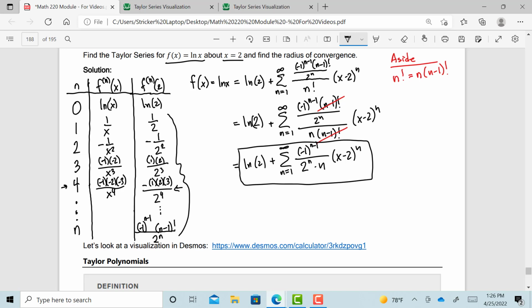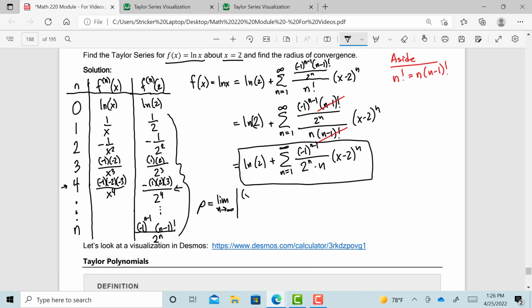Okay, so when we do need to find the radius of convergence again. So our rho is equal to the limit. And because it has absolute value, we can go ahead and ignore the negative 1 to the n minus 1 power, right?